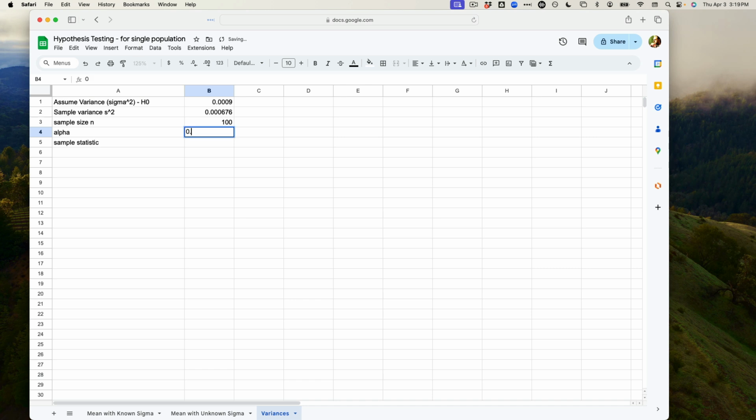Alpha was 0.01. And now our sample statistic is going to be the chi-square value, which is n minus 1 times s squared over sigma squared.